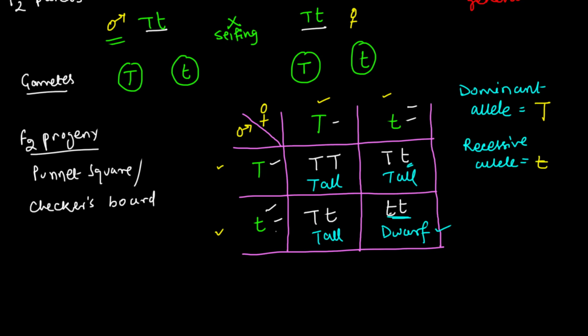So typically, we represent the dominant allele with a capital letter and the recessive allele with a small letter. So remember, the recessive trait is only going to be expressed when we have the homozygous recessive condition.